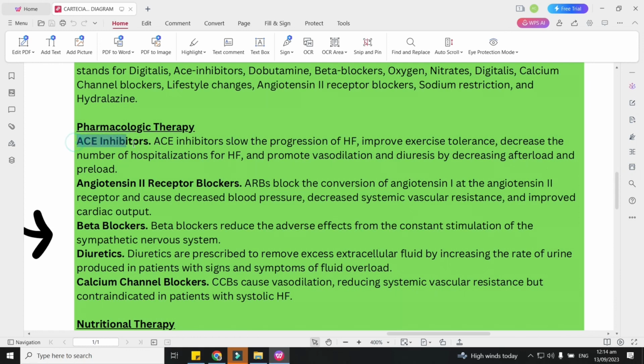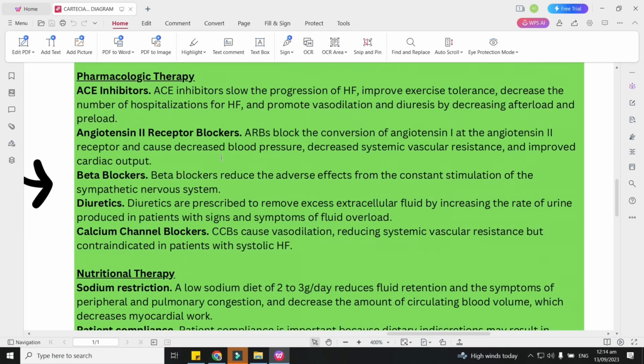So when we give ACE inhibitors, this would block the ACE production, thus keeping the patient in balance, in a homeostasis state. Angiotensin 2 receptor blockers, as we all know, act on angiotensin 2, as I've mentioned just now.